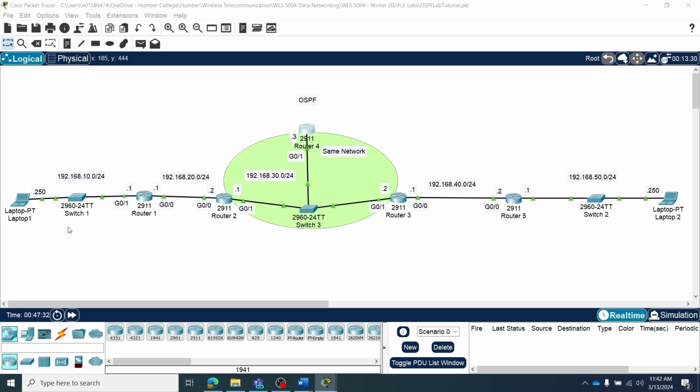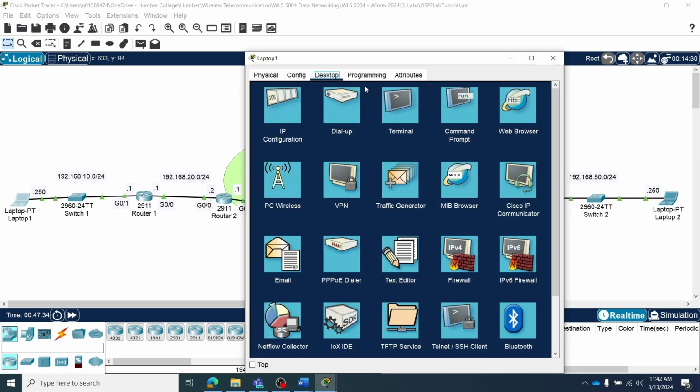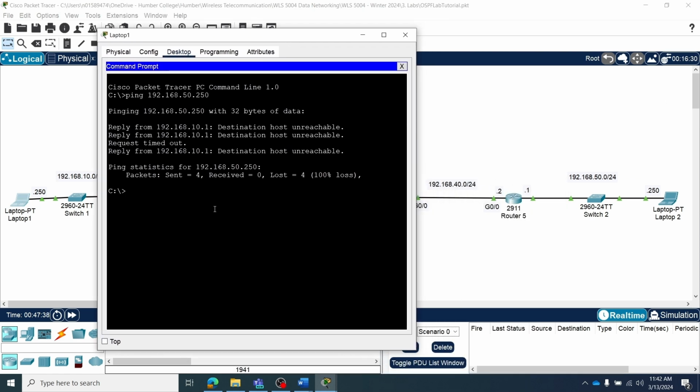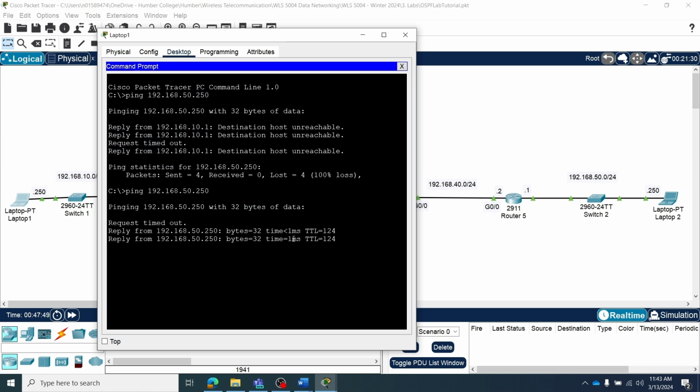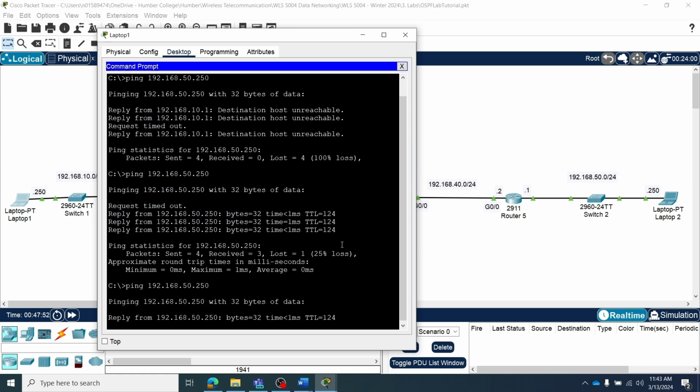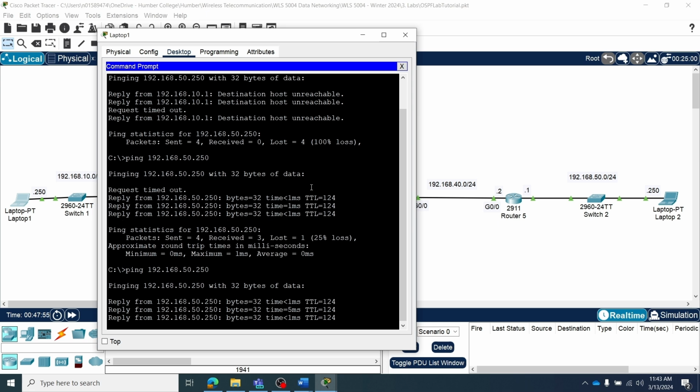Now let's see, we can ping from computer or laptop 1 to laptop 2. So now it can ping. That means the network is now reachable.